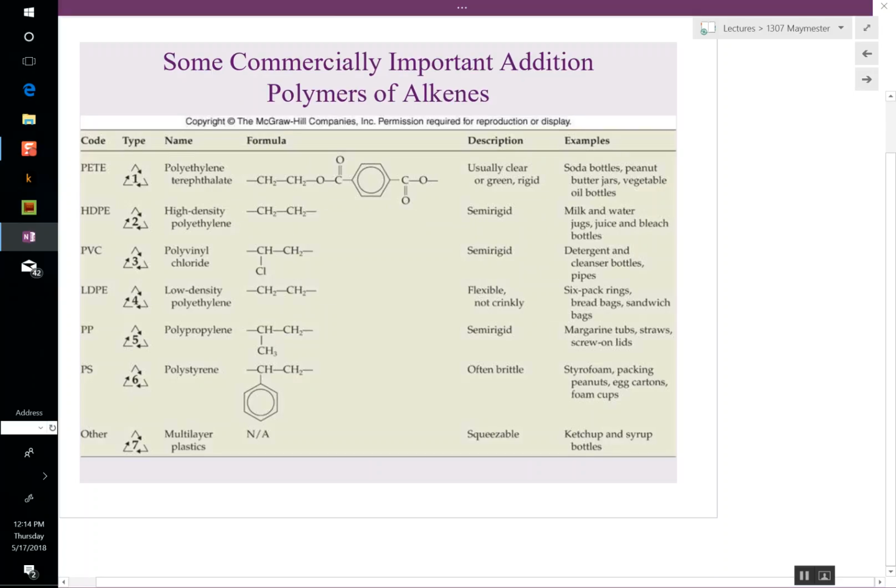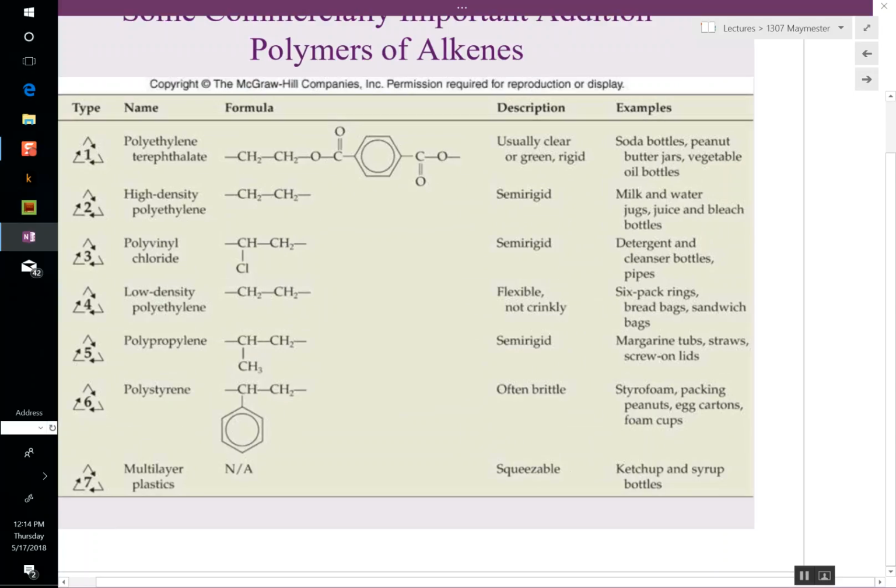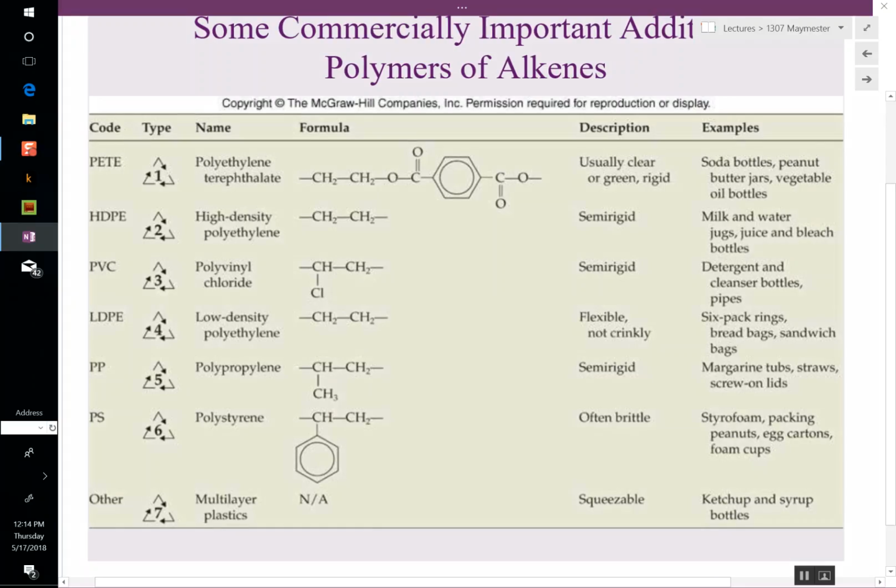Okay, now, this is a handy little chart right here. If you look at the bottom of your water bottles, or if I look at the bottom of my water bottle, you're going to see PE, well, what are you going to see? Hunt for, somewhere on there, you should find a little triangle. There it is.